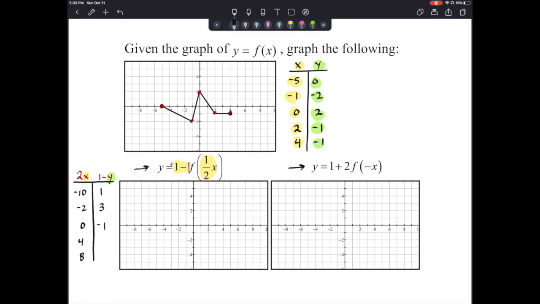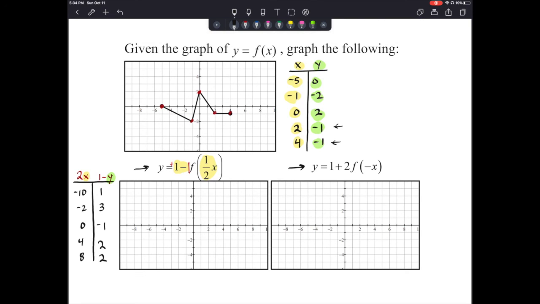The next one would be 1 minus negative 1 would be 2. And I think the last one we have 2 also, because those two numbers were exactly the same. Okay, so hopefully everybody was picking up on that. We were just putting our 0 in for our y, negative 2 in for our y, and so on all the way down. Let's plot those points.